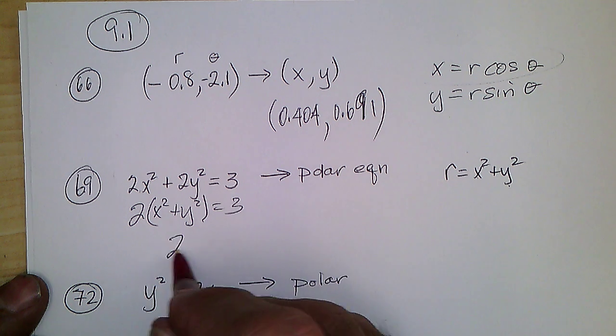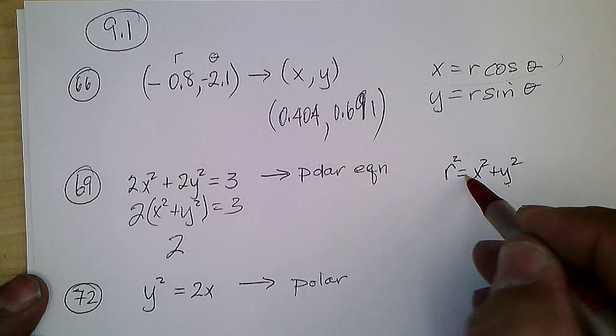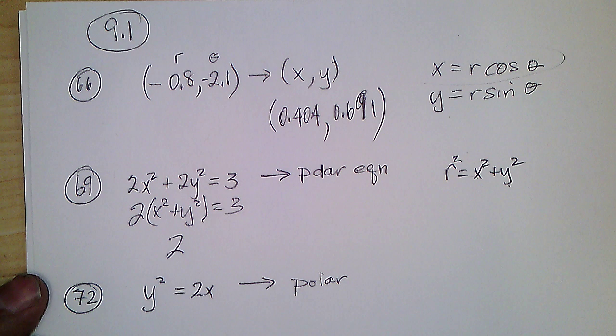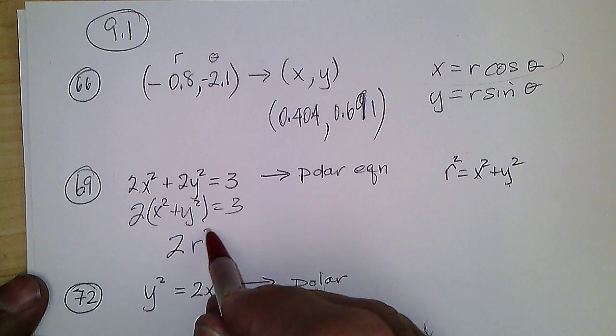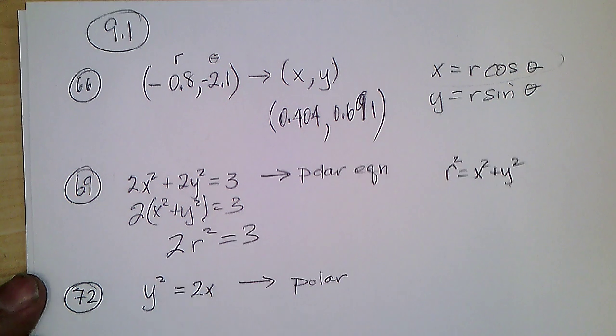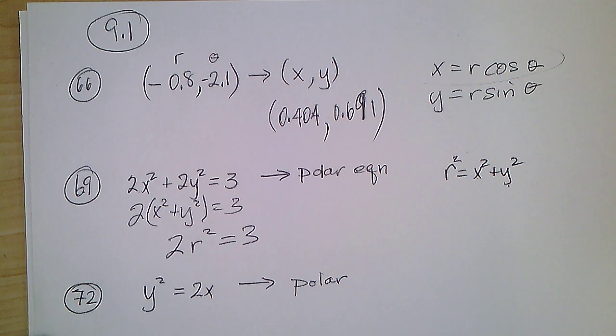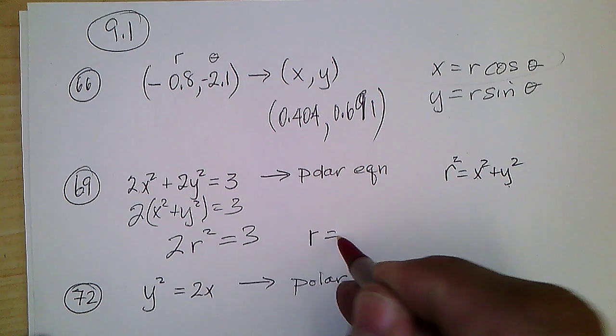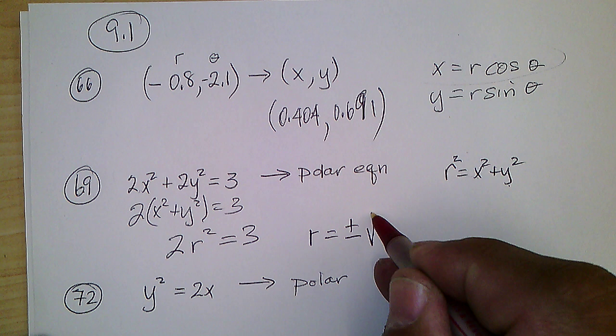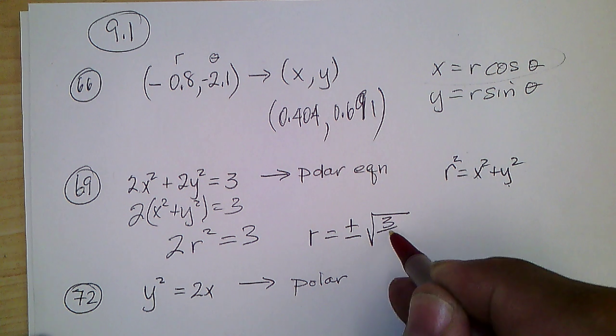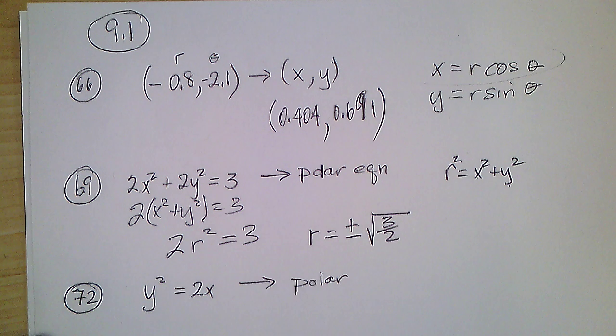So it's 2 times r squared, since r squared is x squared plus y squared. So this is 2r squared equals 3. That's a polar equation. Now you could solve for r if you want. R would equal plus or minus the square root of 3 halves. Divide by 2 and take the square root.